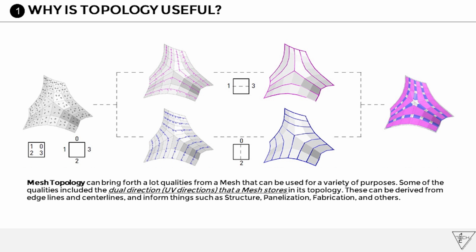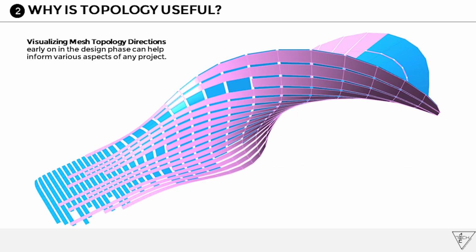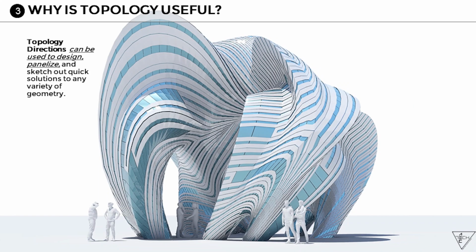So if we think of the way a mesh face is constructed and those edges are constructed, we can start to extract what's called an order from the topology, and then that particular order, which can be referred to as U and V, can begin to show directions, like two-directional topologies that we can play with together, and then that can also help us build many different kinds of design intents, discretize, panelize, and so forth.